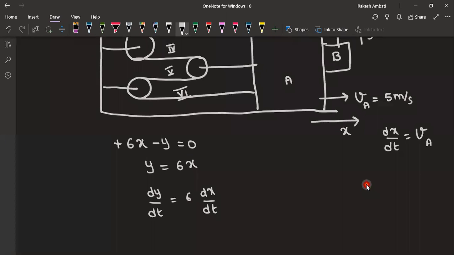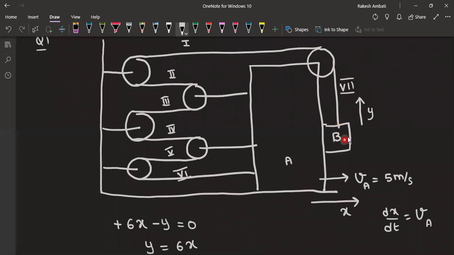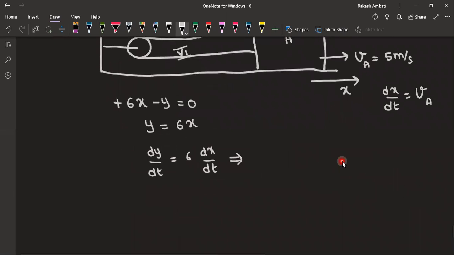What is the exact meaning of dy by dt? It is the velocity of the block with respect to the wedge.